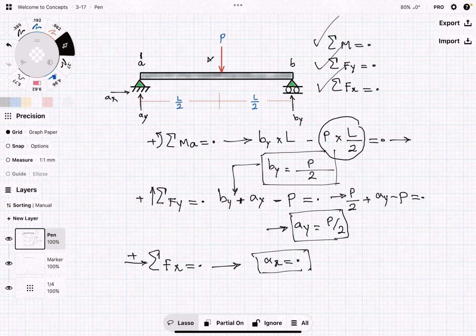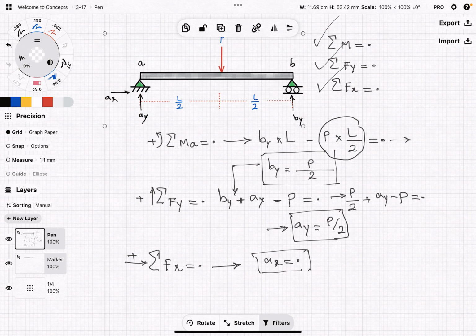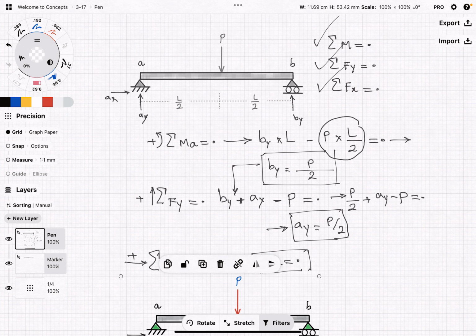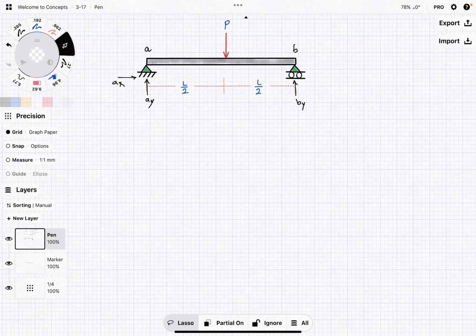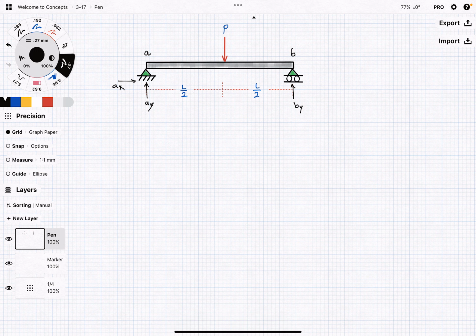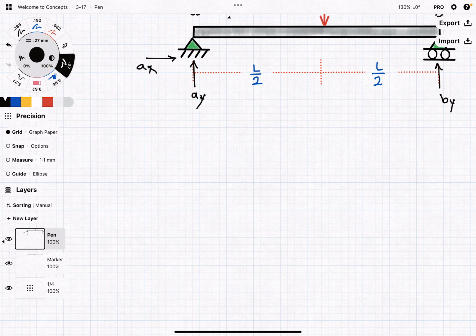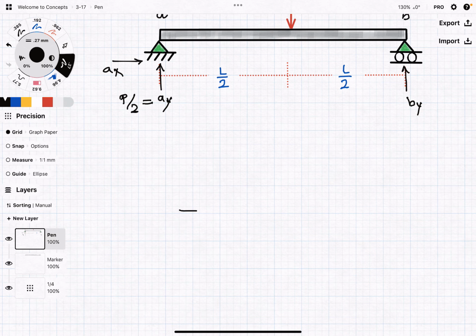So let's get rid of all these things. Okay, let's move this beam to another place so that we can analyze it. Good. So for this beam we know that Ay is P divided by 2 and By is the same, P divided by 2.